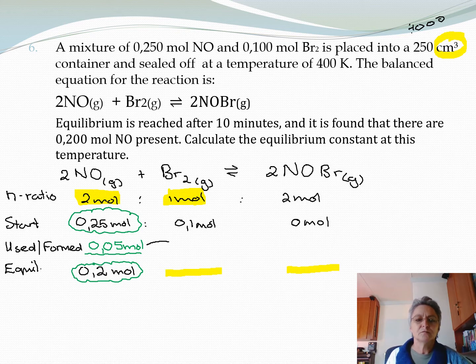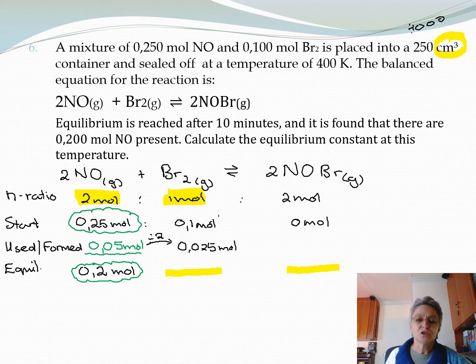The ratio is 2 to 1, so I have to divide this by 2 to get the amount of bromine that was used. So I think this would be 0.025 moles.